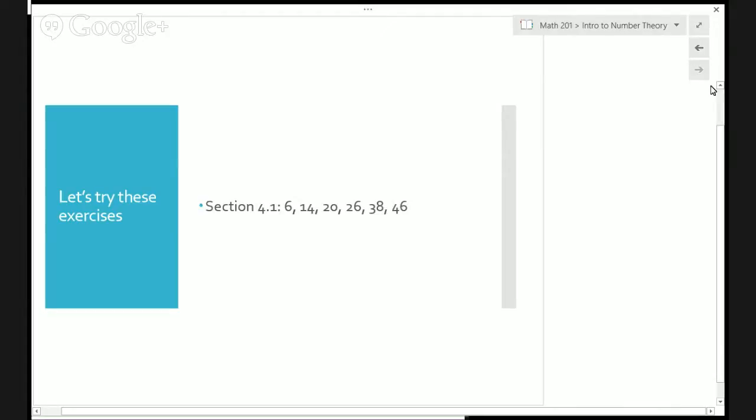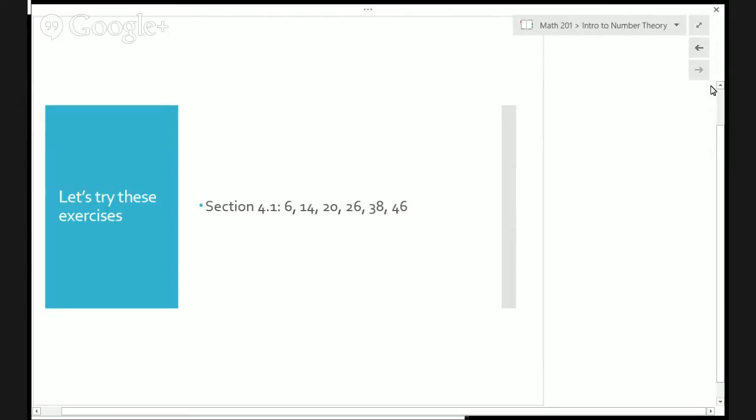All right, so I want to start with exercise 6 from section 4.1. I think this has to do with divisibility, maybe. Okay, so this is actually a proof.